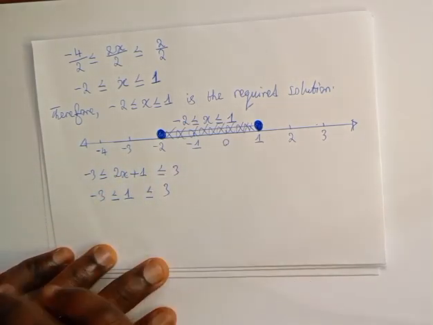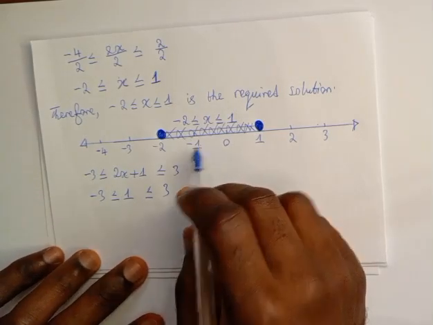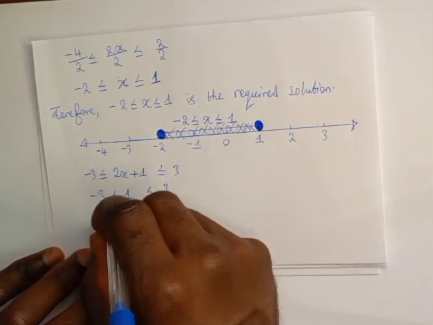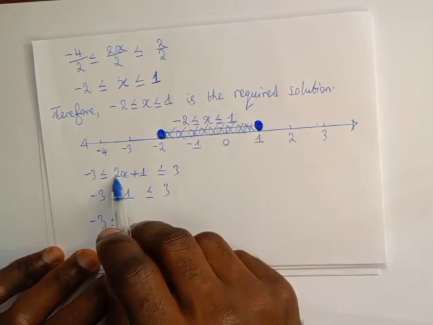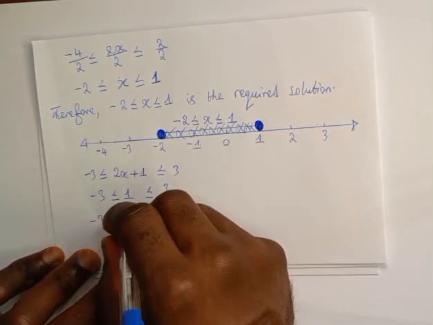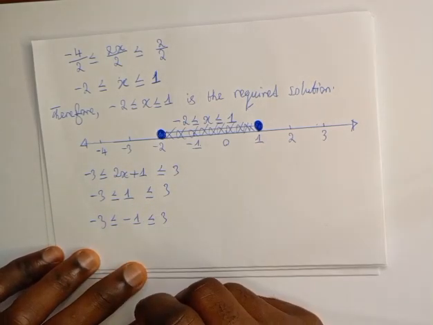You'll see it is true. If we take x to be negative 1, it will still be true. This gives us -3 is less than or equal to 2 times negative 1, which gives negative 2, plus 1 gives negative 1, is less than or equal to 3, which is true.